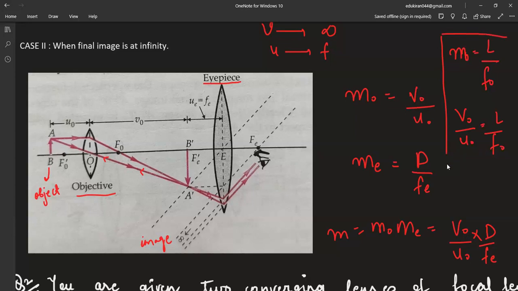Just make it into a box so that you remember this. Sometimes the length of tube is also mentioned. Length of tube means separation between the tubes. This entire separation is taken as length of tube. Note it down. Second case.